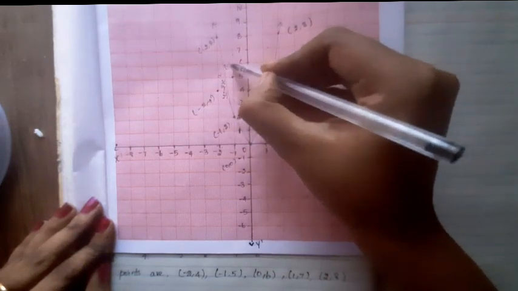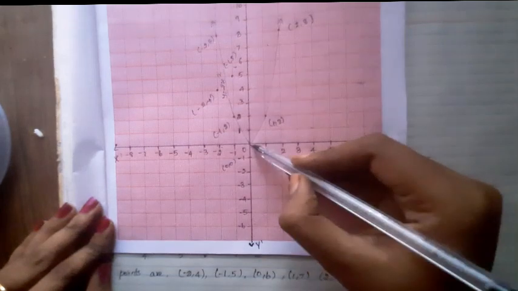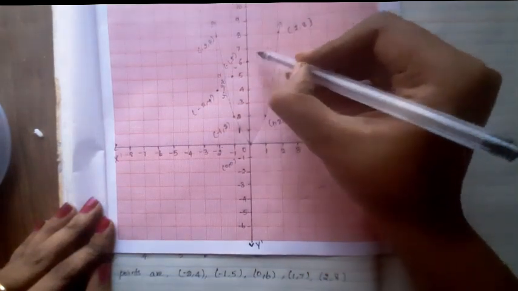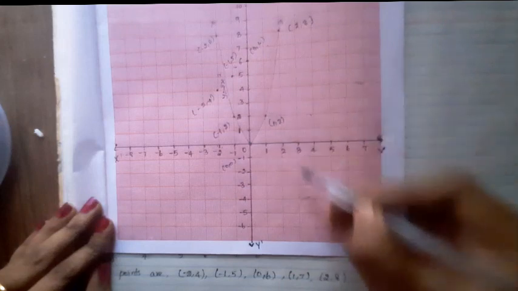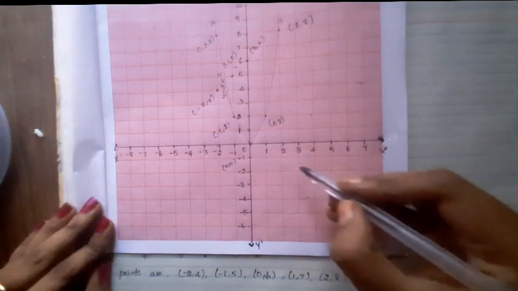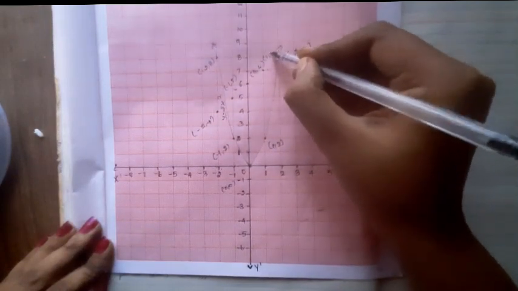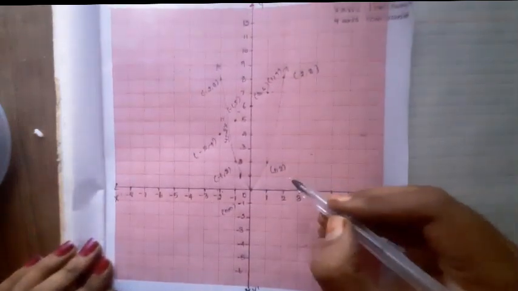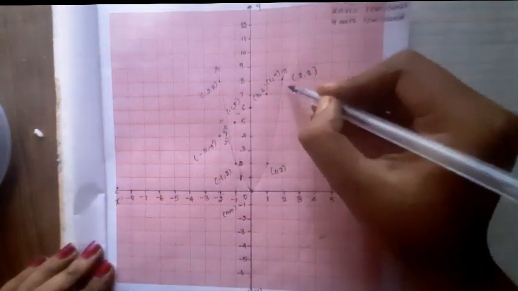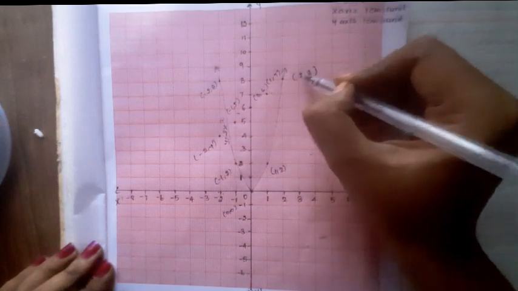You can write minus 1 comma 5. The next one is 0 comma 6. Next one is 1 comma 7. So here is 1, so 7 is there. Next 2 comma 8. So 2 is here, then 8 is here. So 2 comma 8 is already written there.